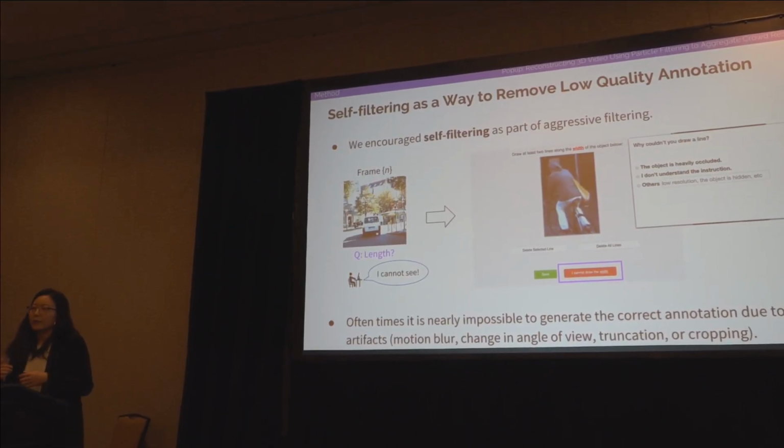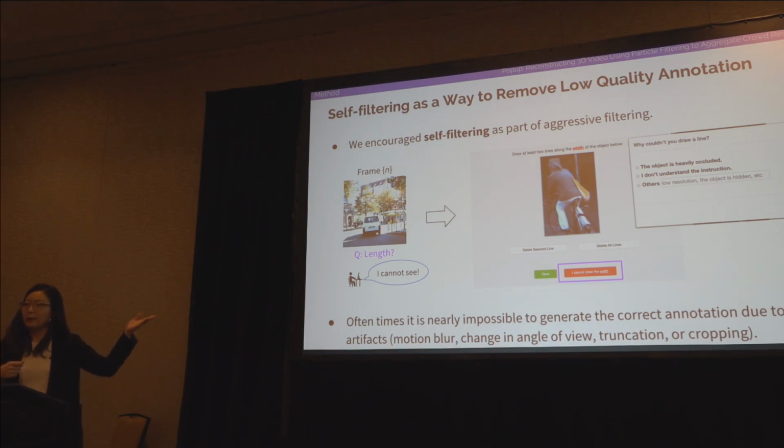And another interesting thing that we applied in our experiment was self-filtering. In our experiment, we encouraged workers to self-filter the annotation whenever they felt not confident enough to draw the dimension line accurately.